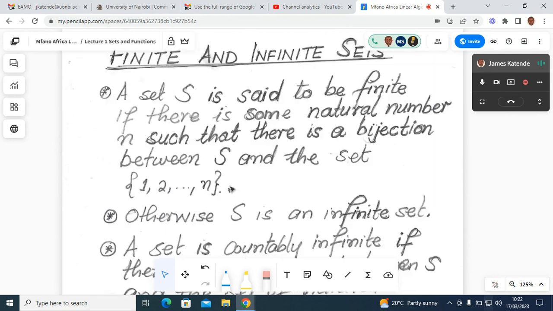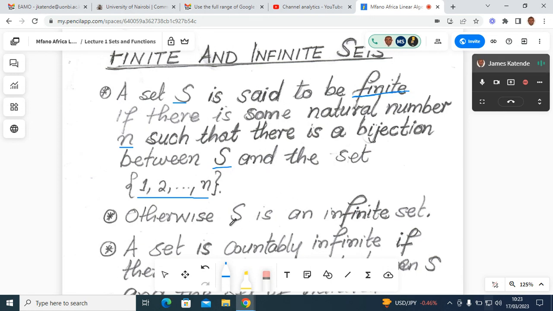So the next topic we shall look at is finite and infinite sets. We'll do some definitions. We start with the definition of a finite set. If you have a set S, we say it's finite if there is some natural number n such that we can find a bijection between the set S and the numbers from 1 all the way up to n.